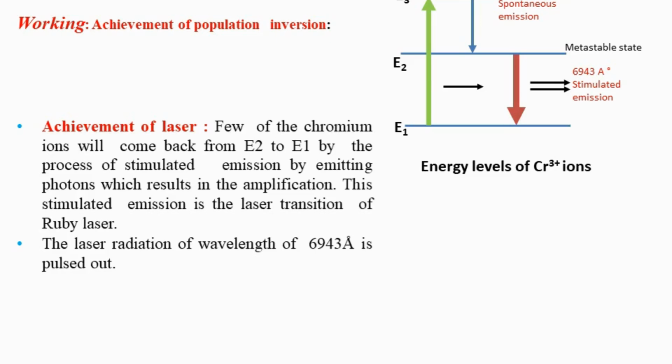A few of the chromium ions will come back from E2 to E1 by the process of stimulated emission, emitting photons, which results in amplification. This stimulated emission is the laser transition of the ruby laser. The laser radiation of wavelength 6943 angstrom is pulsed out.